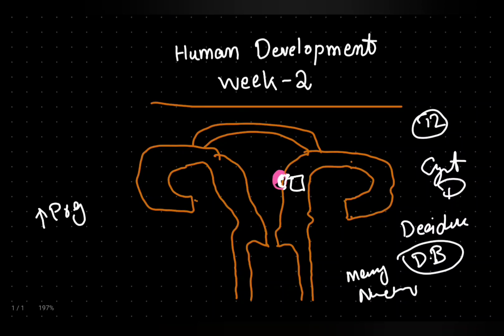The decidual cells enlarge and become coated. These decidual cells are located where the trophoblast was attached. This happens around day 12.